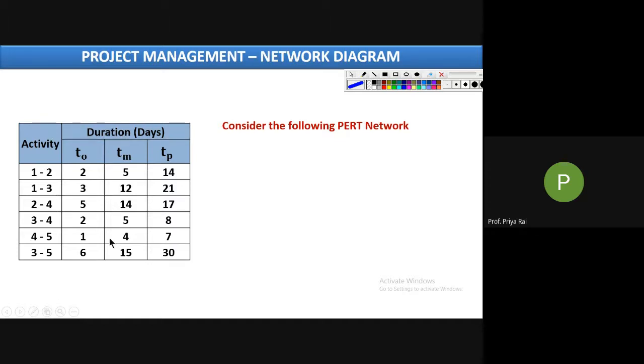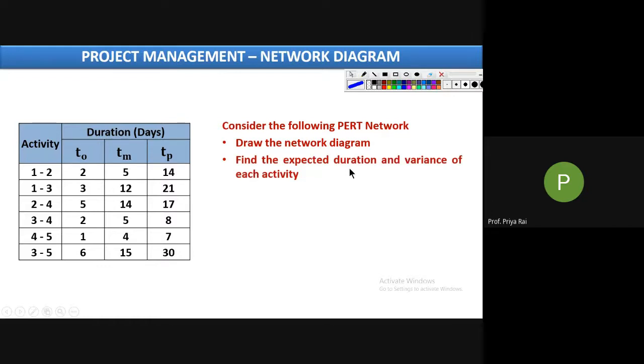With the help of this data, they will ask you to draw the network diagram first. Then find the expected duration, which means capital TIJ. There are 3 values of time, and we will convert them into a single value, the expected duration. Find the expected duration and variance of each activity.